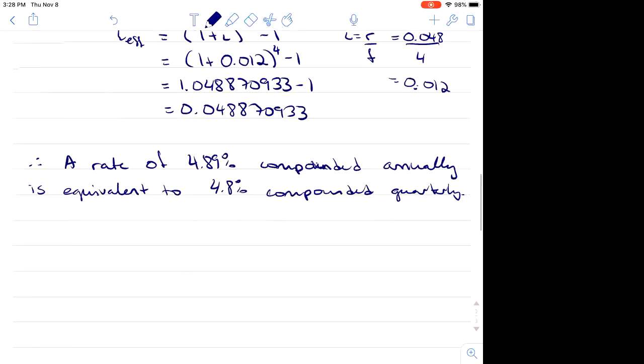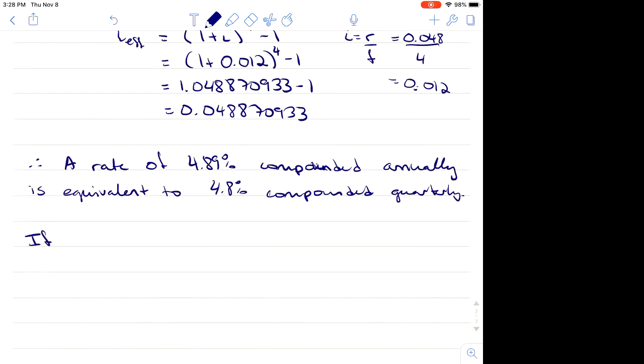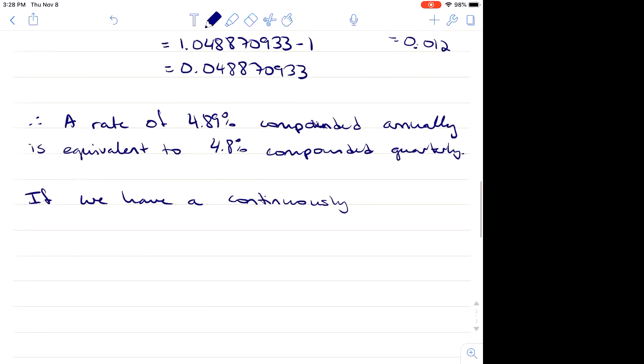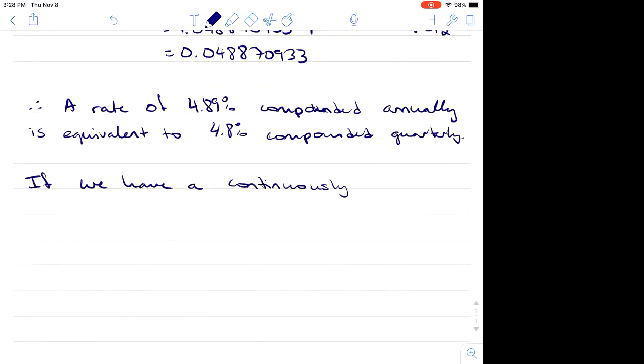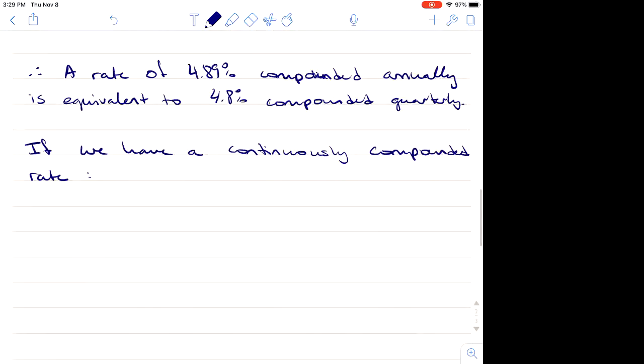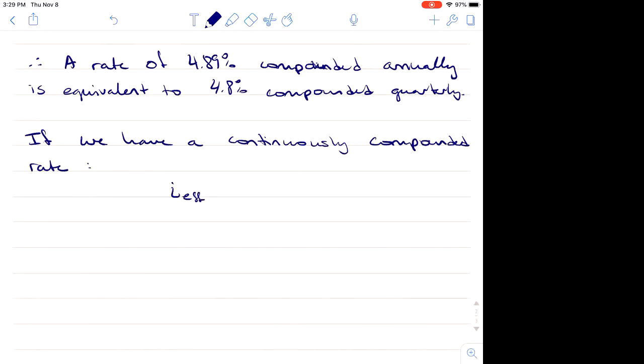So if we have a continuously compounded rate, then the effective interest rate is E to the R minus 1.